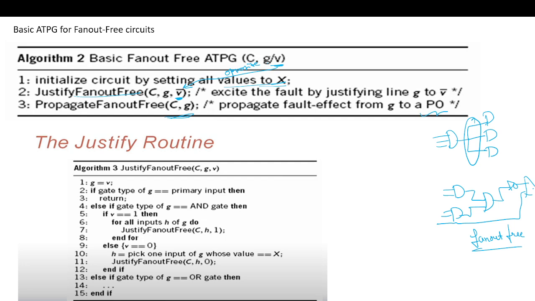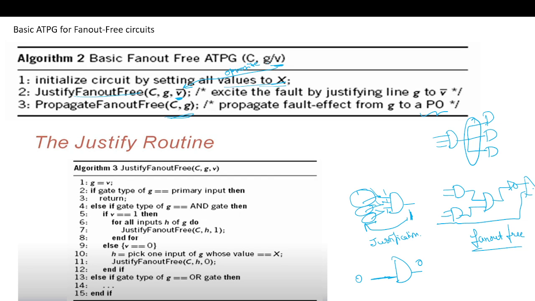So what is the algorithm to justify? If we have an AND gate, say we want 1 here, then we want all of these inputs to be 1. So it has to be justified from all the combinational blocks it is connected to. And from this output to the input we call it justification. Similarly for 0, any one node which is easily controllable, we can justify to 0.